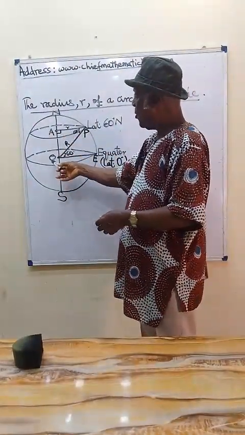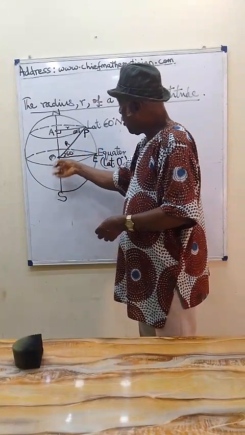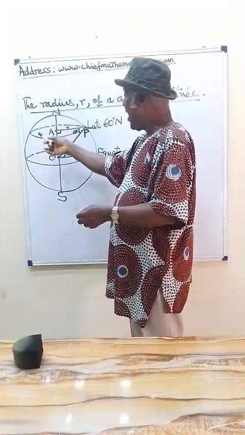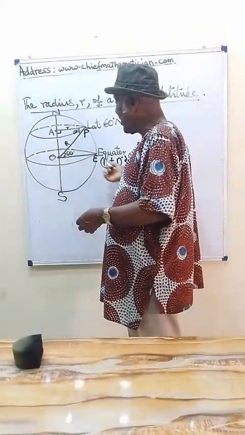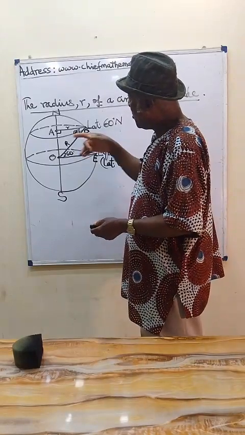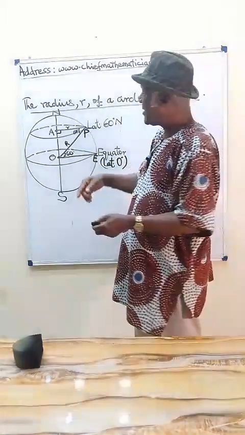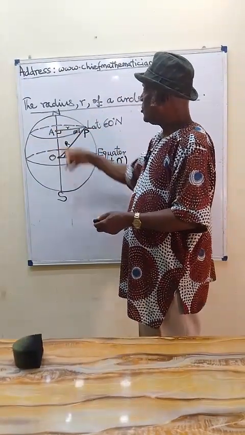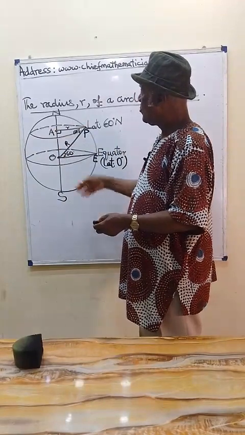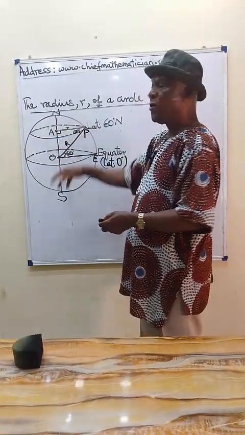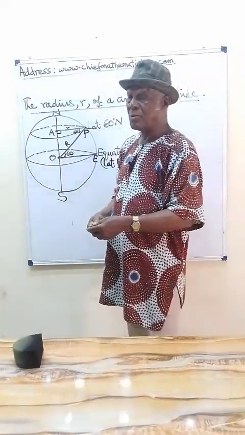Angle APO and angle POE are alternate angles by virtue of AP being parallel to OE. And so, if we look at triangle APO, I told you that this angle here is 90 degrees, and so triangle APO is a right angled triangle.